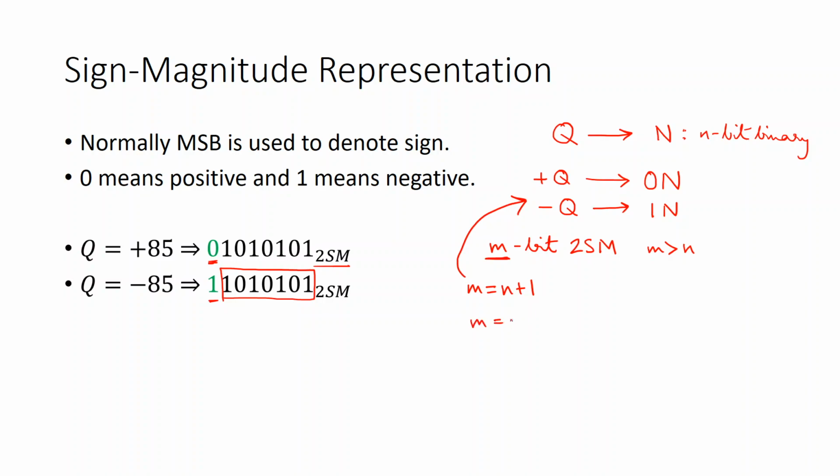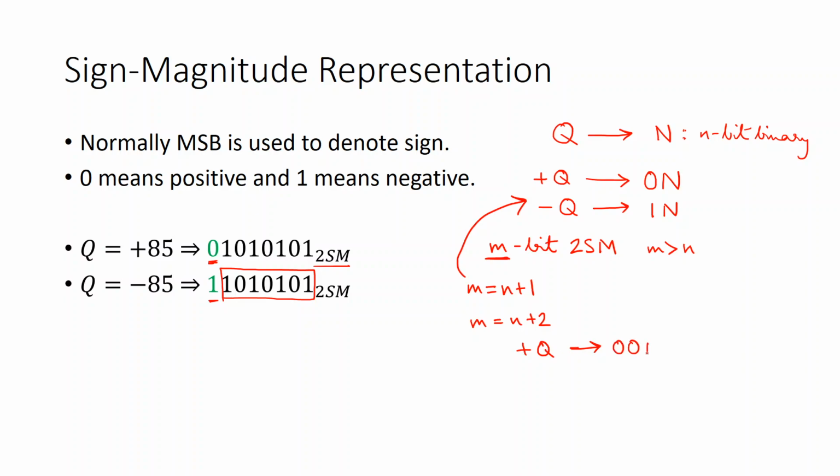Suppose your m is n plus 2, then your plus Q would be, since the quantity is not equal to the number, I am using an arrow sign. This is the quantity and here is the number.